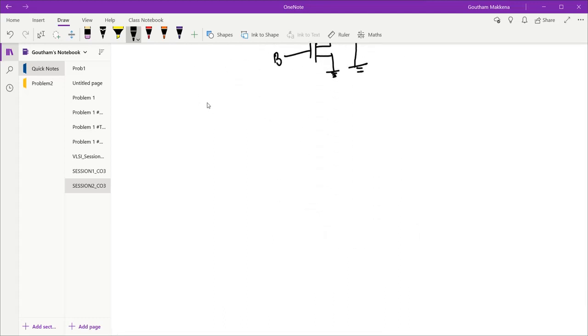Let me implement the expression F is equal to A plus B into (D plus E). So this should clear a lot of doubts.